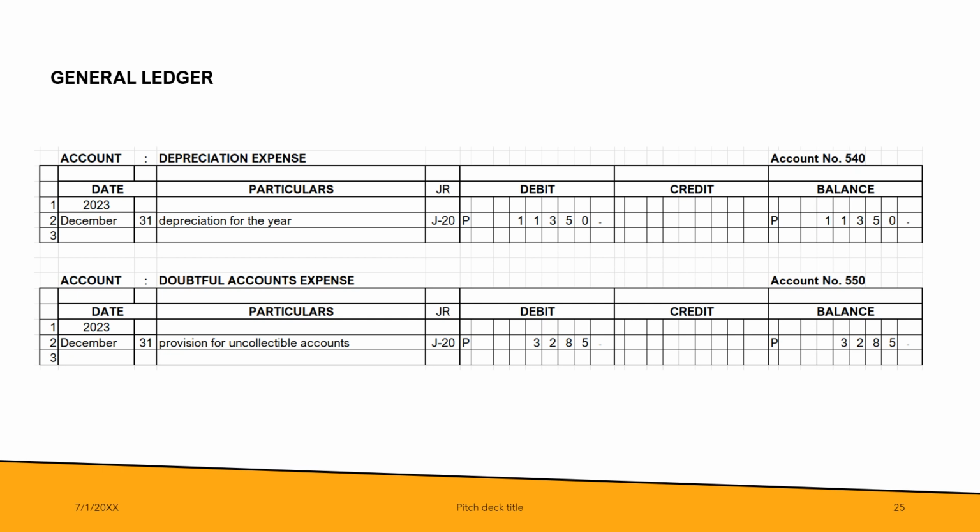And we get the balance, and the balance is 3,285. So at this point, that ends our discussion for adjusting journal entries are journalized and posted. And in the next video lecture, we will discuss the remaining steps of the accounting cycle. We still have steps number 9, 10, 11.